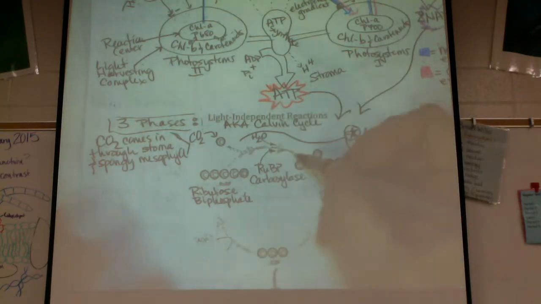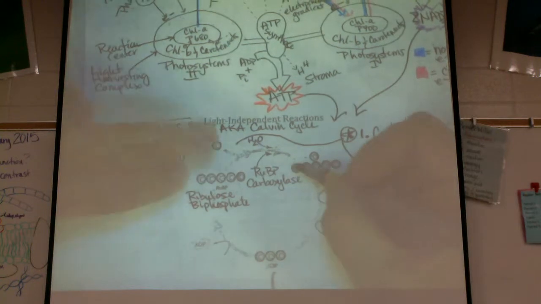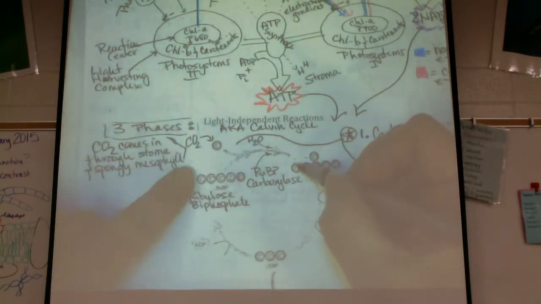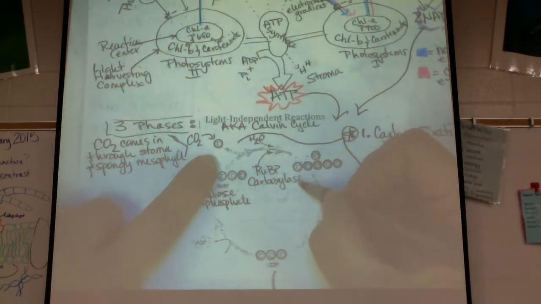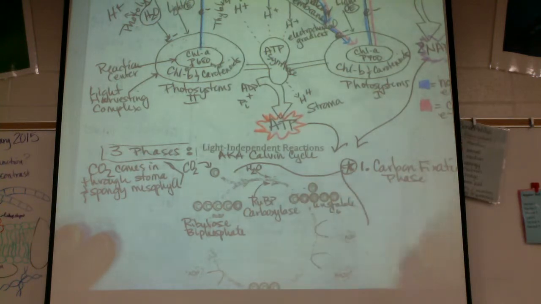You have this process where it takes ribulose bisphosphate, because remember there's a cycle, and adds on this carbon using RuBP carboxylase to make this unstable C6 molecule.